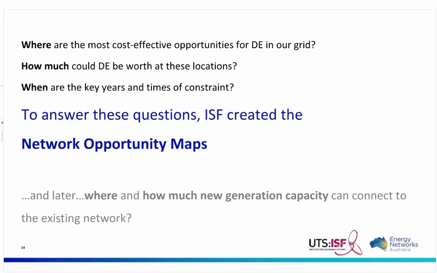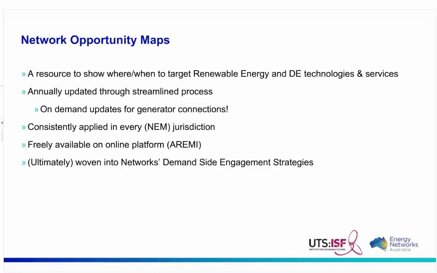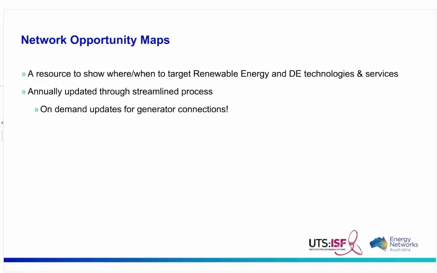So where we landed was that we needed a resource to show when and where to target renewable energy and decentralized energy technologies and services. And crucially, that had to be annually updated through a streamlined process so that it stayed current and relevant into the future as an ongoing industry resource, and wasn't something that came and then faded away again.